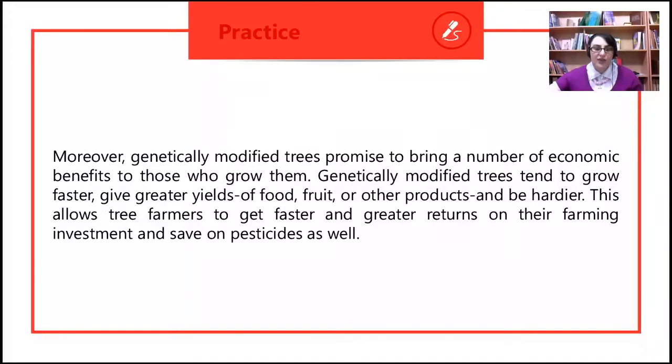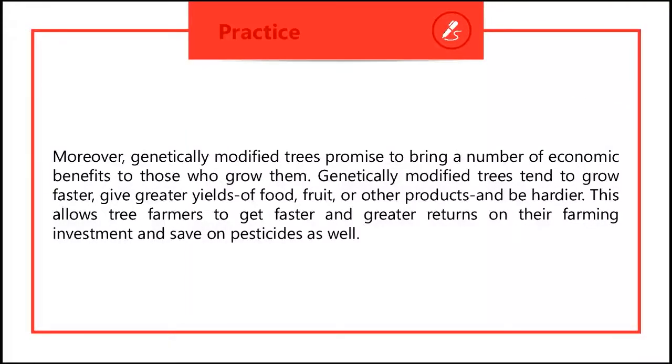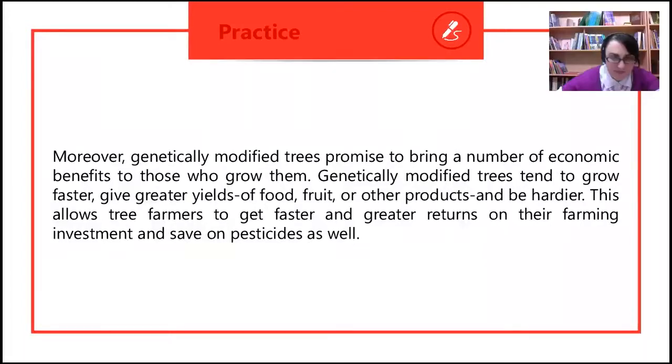Okay, now try to summarize. Okay, genetically modified trees have potential economic benefits. Yes, great. I like the word potential. They have potential economic benefits. So by saying potential, you mean that they have more future in them. This is a good word. Yes, thank you.